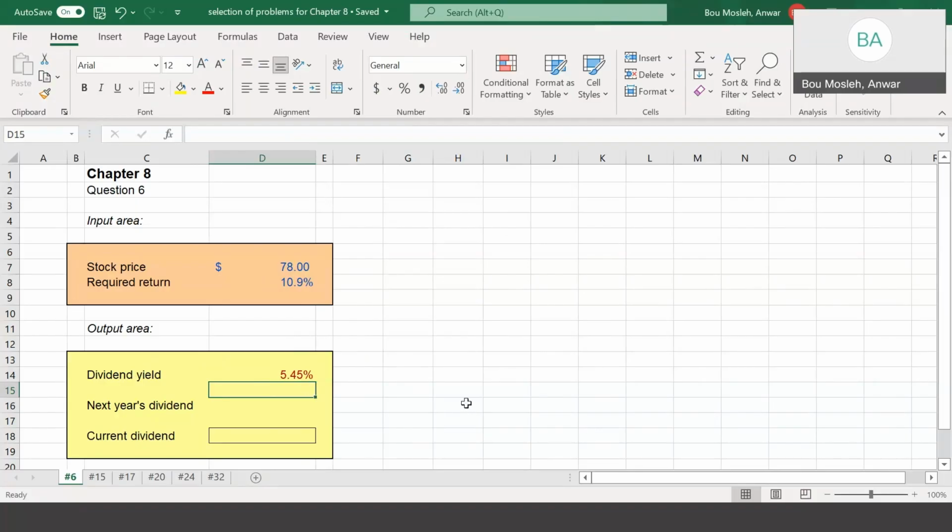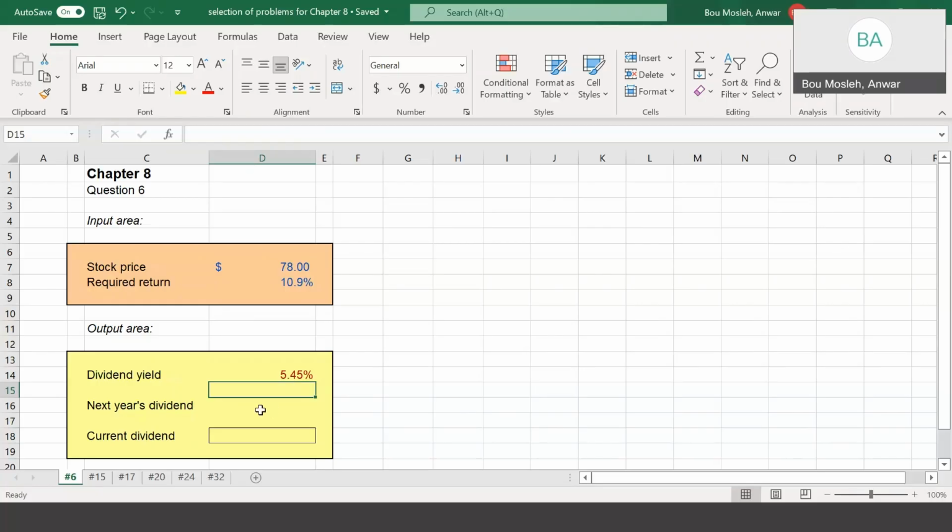Well, in a constant growth model, we know that the capital gains yield is the same as the constant growth of the stock, or the constant growth of dividends. So we know now from here that G is the other part of income, right? So G is 5.45% and dividend yield is 5.45% to total 10.9%.